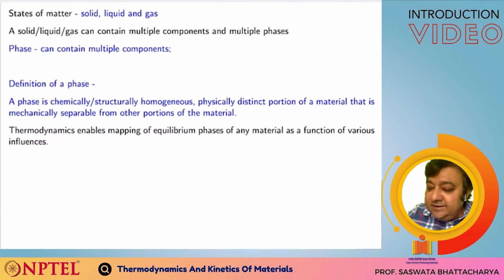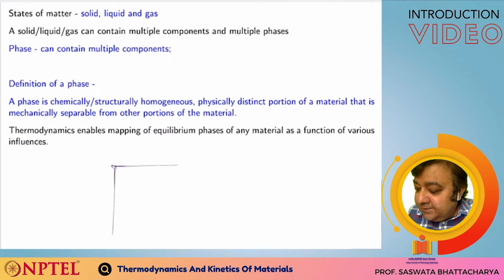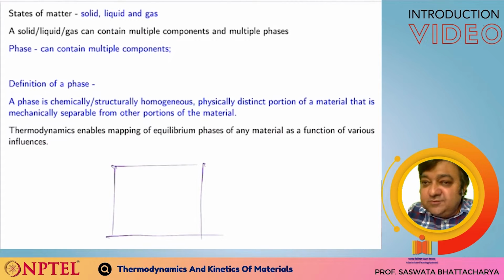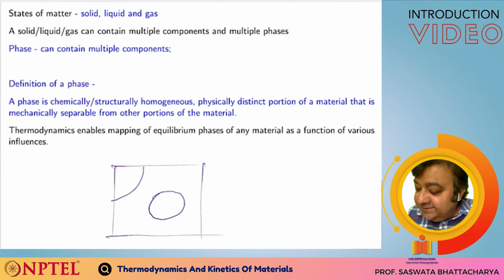So basically, if I look at this diagram, I am mapping different phases. Say I have a material and I am looking at a microstructure, a small representative volume element of the material. Now in that small volume element, say I have different phases, and say this is alpha phase, this is alpha phase, and this is alpha phase, and the surrounding is beta phase.